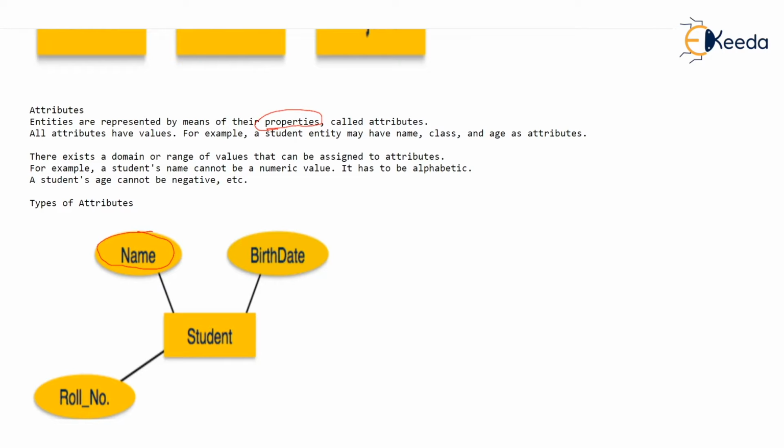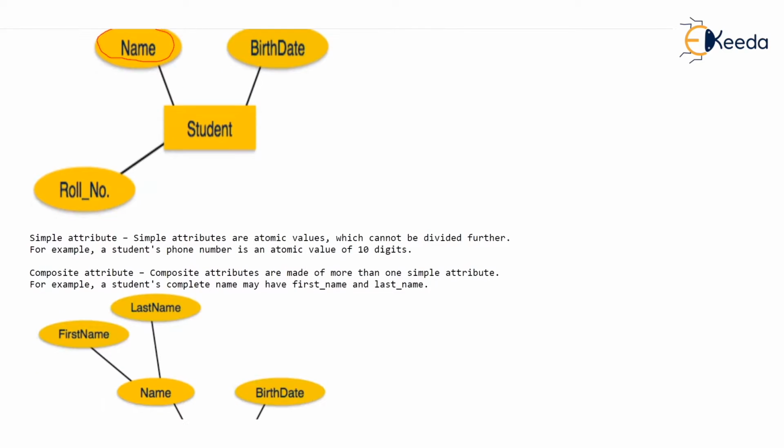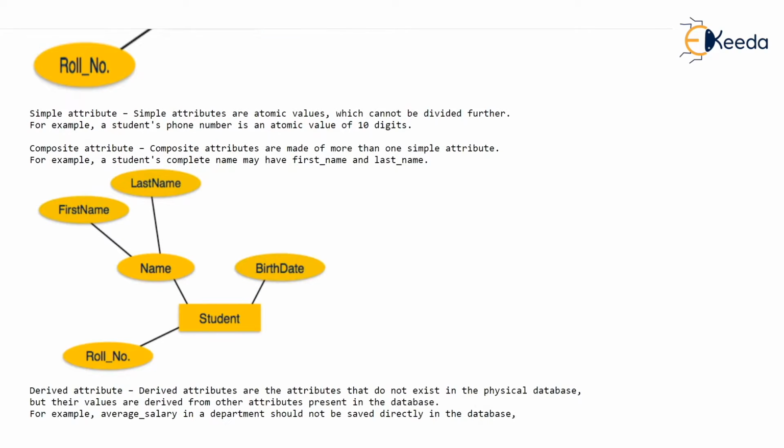Now, the point is that there are many types of attributes. When you talk about attributes, we have something called simple attribute. Just check out the simple attribute here means an attribute which are atomic, which cannot be broken down further. But there are another type of attributes called composite attributes. Now, what is composite attribute?